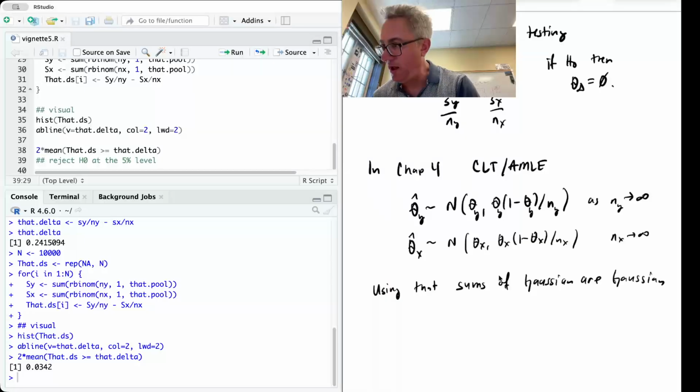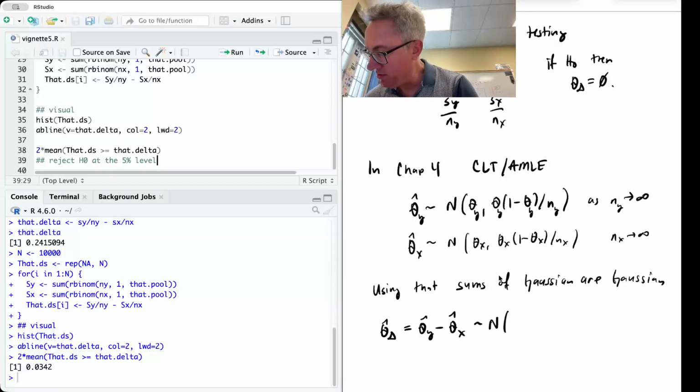We can look at the difference in theta hat y and theta hat x, which we called theta hat delta, and that will also have a normal distribution with a mean of the difference and a variance that is a combination of the two variances.